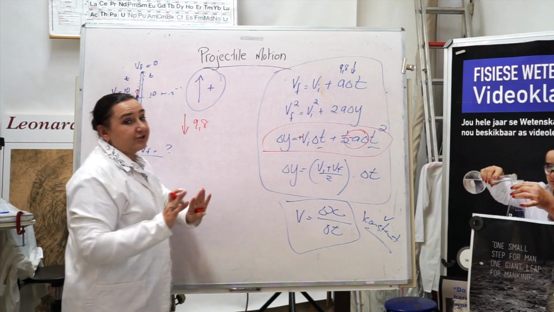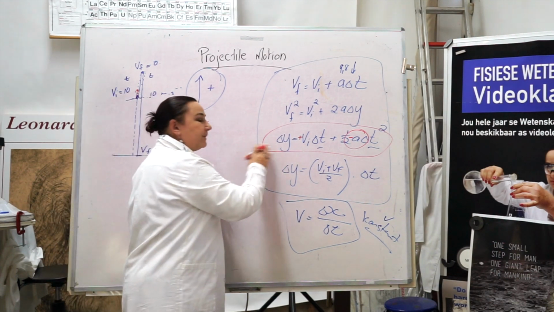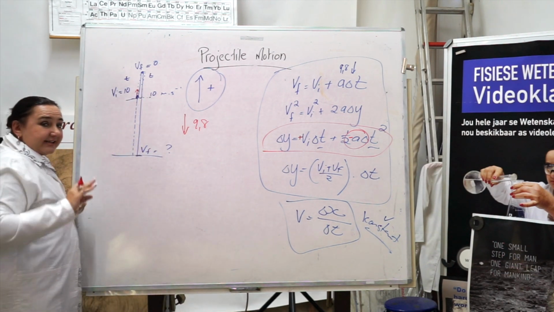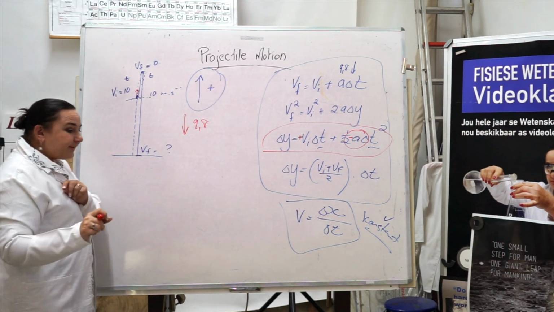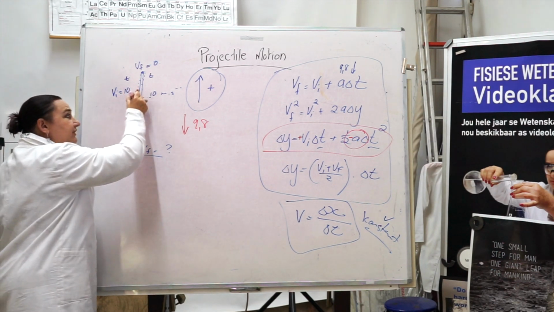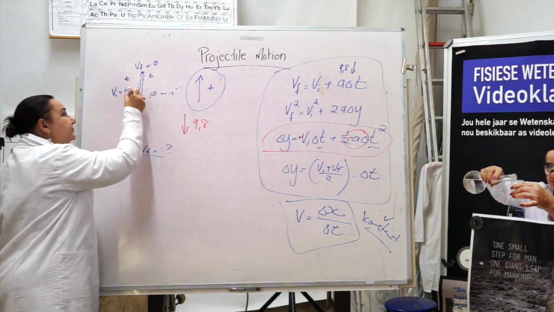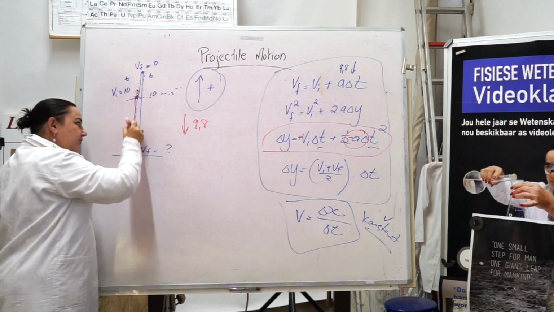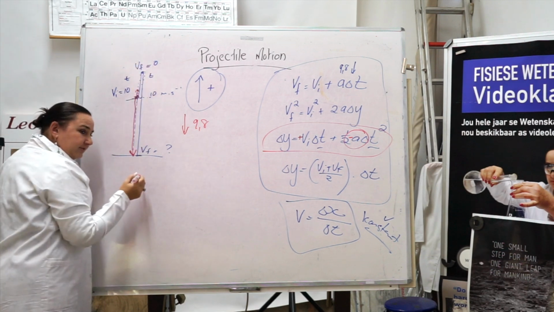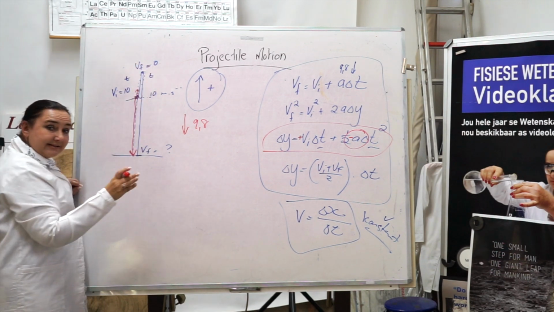Alright, but that's not the only thing. What about my displacement, delta y? Guys, now you have to focus. What is displacement again? Displacement means from wherever you started straight towards your finishing point. So not up and down, that would be your distance.